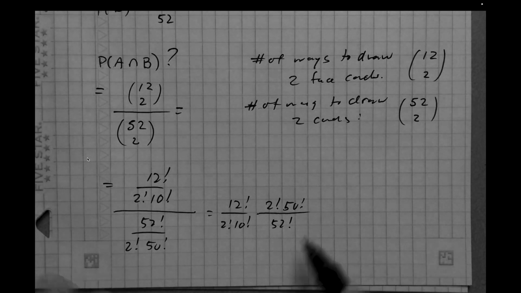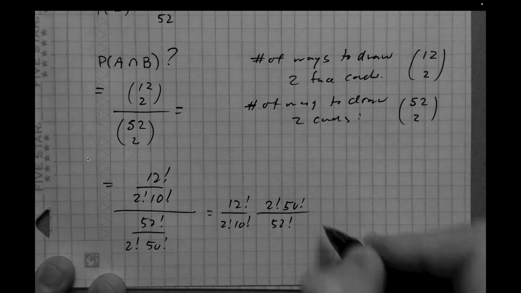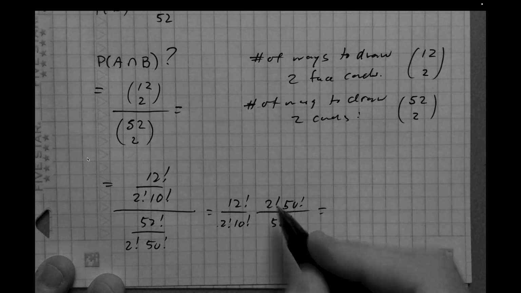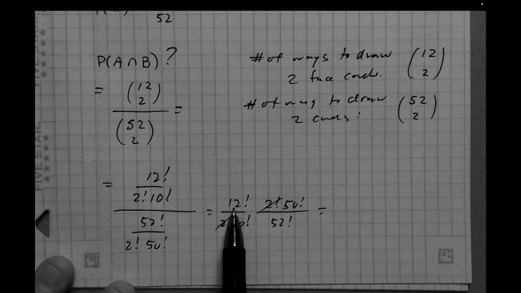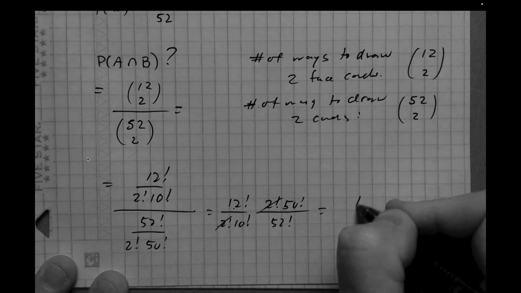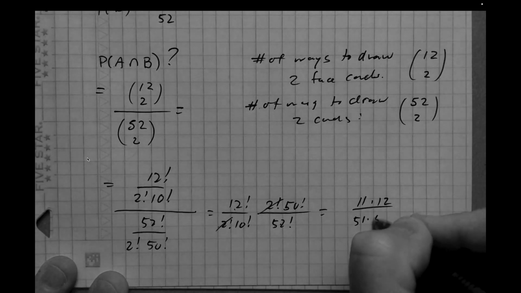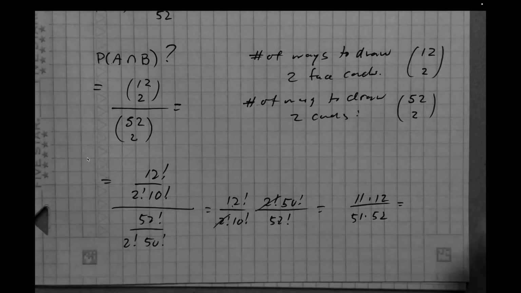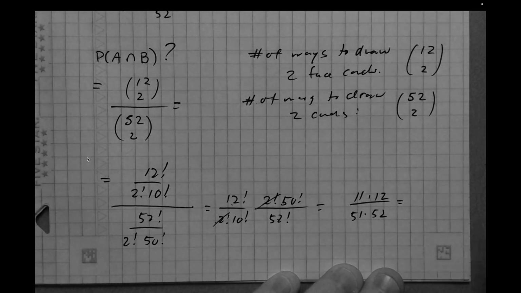You're going to get a lot of cancellation. The 2's cancel straight away. So what you're left with here is 11 times 12, and what you're left with down here is 51 times 52. And so when you do that, you get 0.0498.